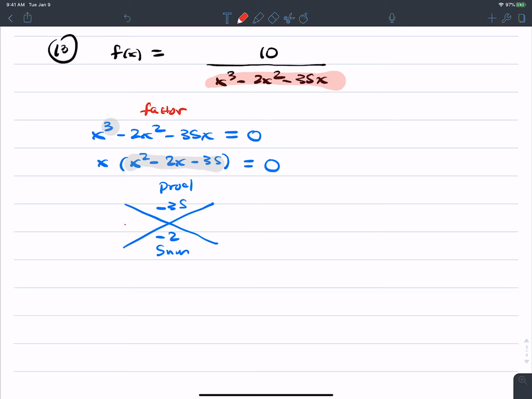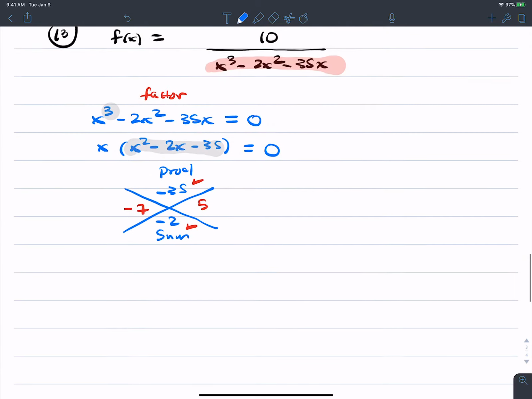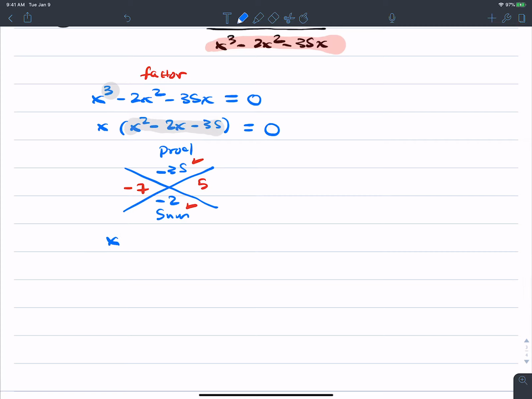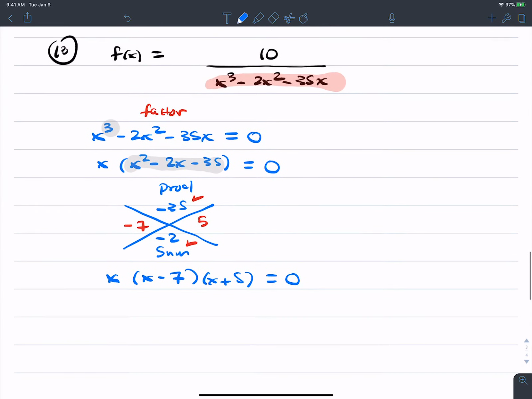It looks like it's going to be negative 7 times positive 5, because negative 7 times positive 5 is negative 35, but negative 7 plus 5 is negative 2. So when we continue to factor, we'll have x times x minus 7 times x plus 5, and this equals 0.